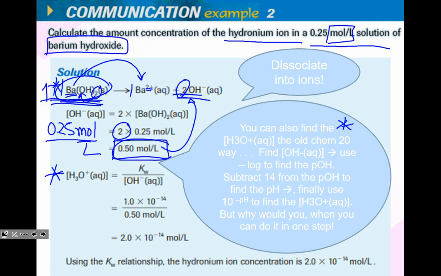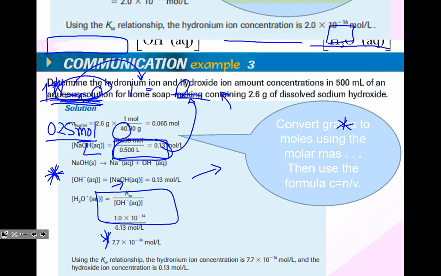Now that we have the concentration of the hydroxide ion, we can use this lovely little formula for H3O plus: your Kw over your concentration of your hydroxide ion. Not the barium hydroxide, just the hydroxide. Put in your numbers, kiddos, and you get an answer. This is way easier, because even if we did the Chem 20 way, you'd still have to do this part first. I know, good times, right?